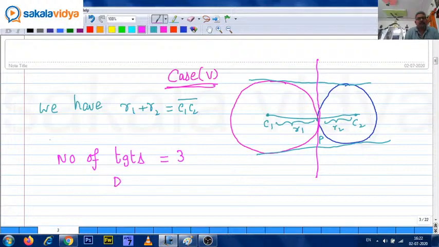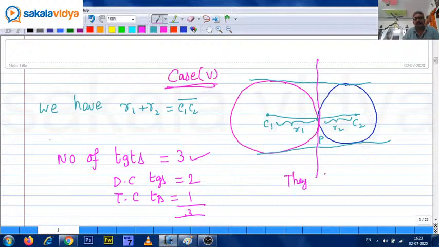That means direct common tangents is equal to 2, transverse common tangents is equal to 1. Total 3. That means in this case they touch each other externally.